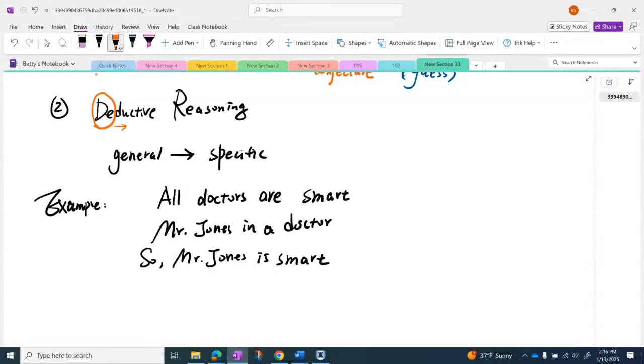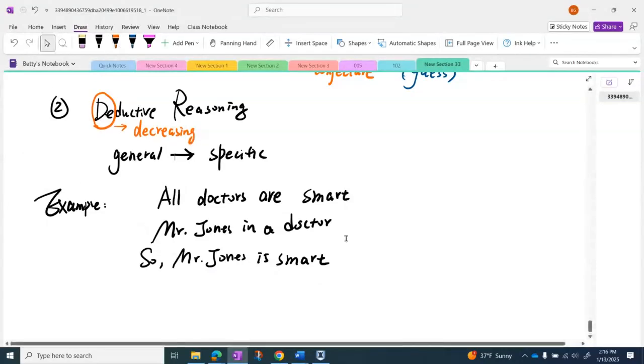DE is the same as the first two letters in decreasing, right? The number of cases is going down from all doctors to one doctor, Mr. Jones, so the number of cases is decreasing, and it is a deductive reasoning. Okay, deductive reasoning.